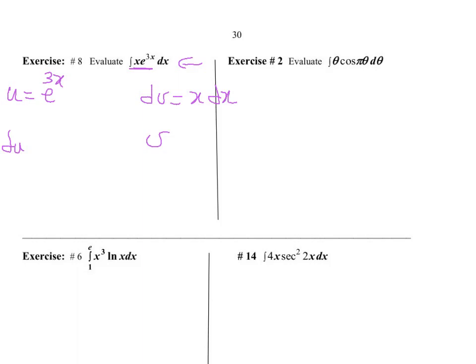Dx should be always here because we are going to integrate, so we need a dx for integration. Integration is this, and differentiation is 3e^3x dx. Now this is the rule, this minus integration of that.